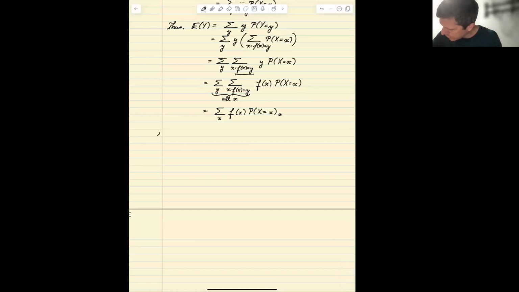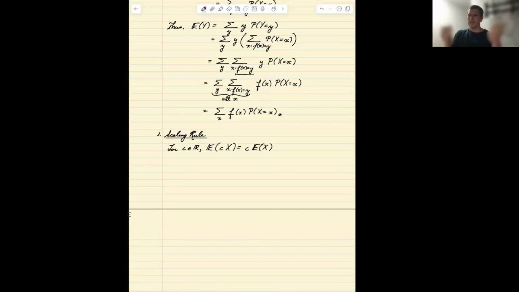Scaling rule. What the scaling rule says simply is that if we have a constant c, then the expected value of the constant times a random variable is just the constant times the expectation. So we can scale a random variable and the expectation scales accordingly.